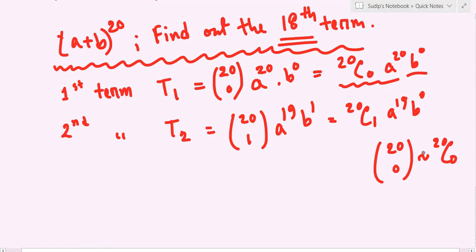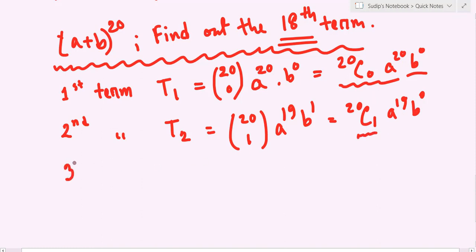They're equal. So I am comfortable with both. Since in the previous lecture I showed you 20C0, I will continue with 20C1, 20C2.